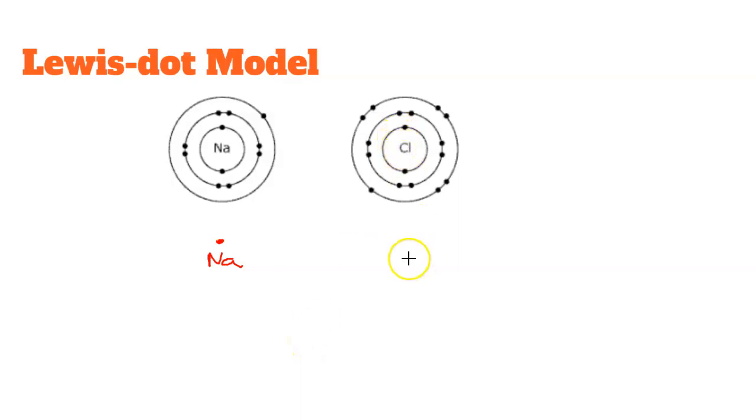The same thing with chlorine, so you write the symbol Cl, and then there are 7 dots. Let me clear this up and do a better job.